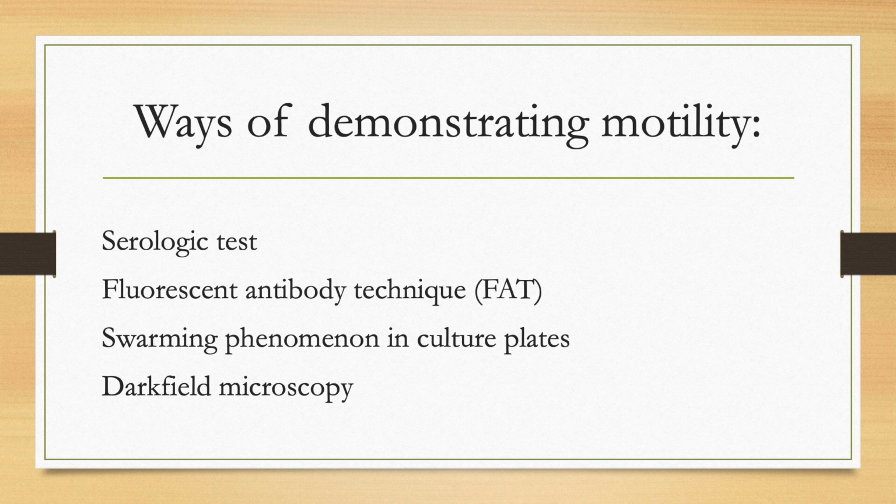Also, if you notice a swarming phenomenon on your culture plates, meaning your bacteria have swarmed or moved throughout the entire plate, this is a characteristic of Proteus, and this is also a way for us to indicate the motility of the bacteria. And finally, if you use dark field microscopy, you can also demonstrate motility.